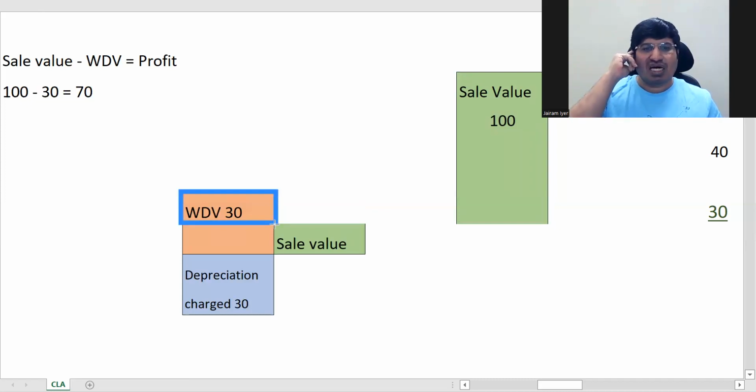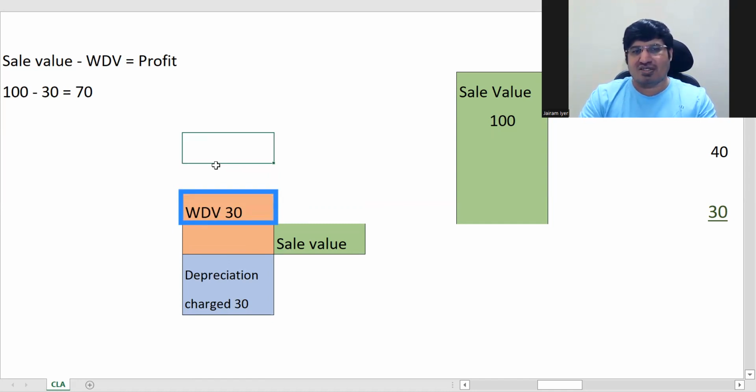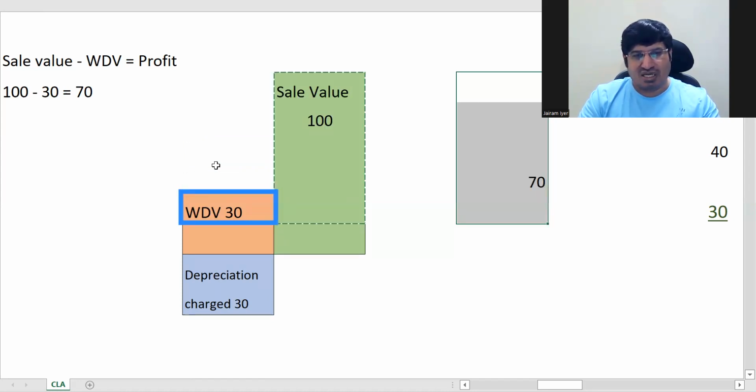He could recover only the sale value, that is this bottom part, which he has recovered through sale. But this blue part becomes his loss. So this blue part is called terminal depreciation. Understood? So this is basically your terminal depreciation and balancing charge.